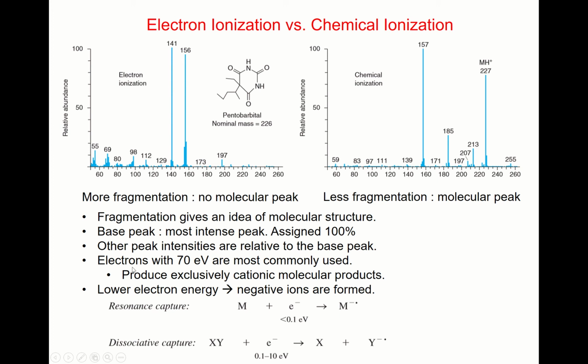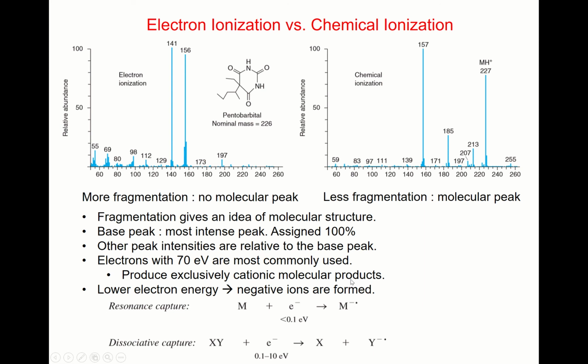But electrons with 70 electron volts are most commonly used for electron ionization. This is the common electron energy. With this high energy of electrons, it produces exclusively cationic molecular products.